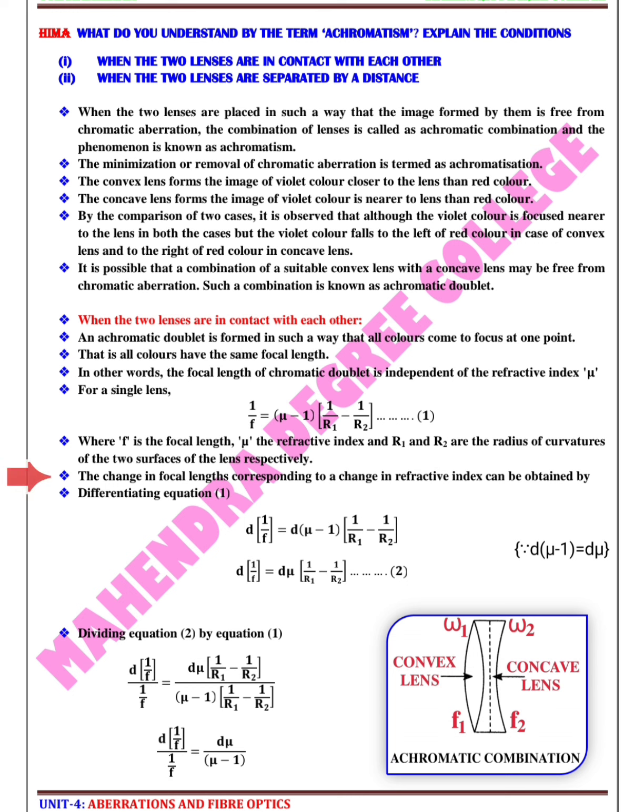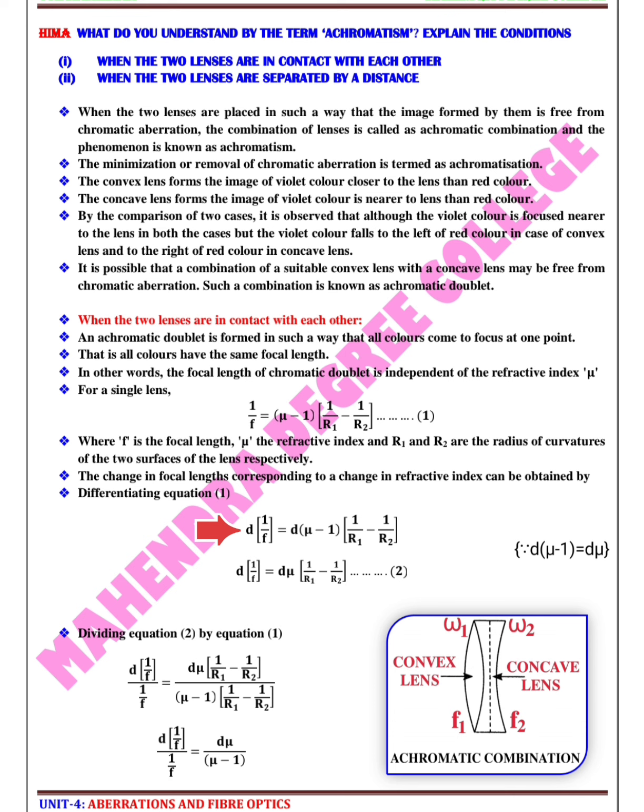We want to find how the focal length changes when the refractive index mu changes. That is, we want to find the differential of 1/f with respect to mu. Take the differential of both sides of equation 1.